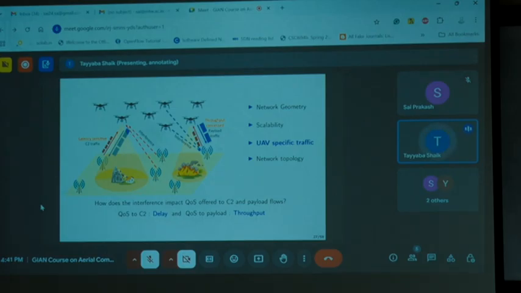Assuming that all the base stations are using the same channel, we see interference at this UAV. We'll see how, in the presence of interference, this latency sensitive traffic and the throughput concerned traffic would get affected, and how both these parameters, the delay and the throughput, are a function of the base station density and the UAV density.